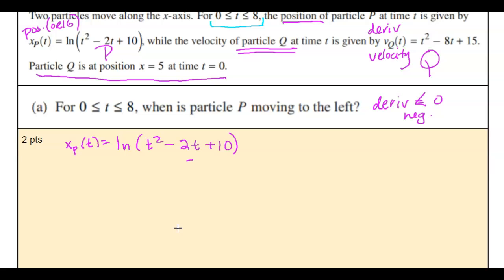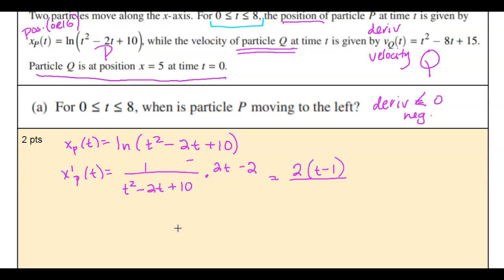Almost made an error. Our derivative is 1 over the inside times the derivative of the inside. Okay. I'm just going to factor this. 5 and 2.